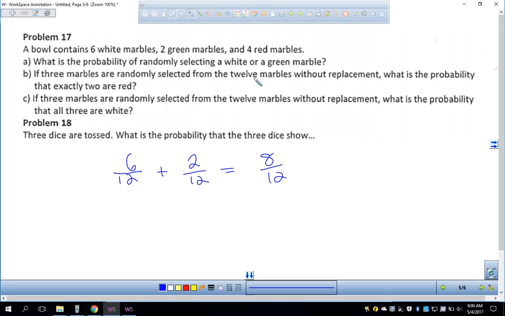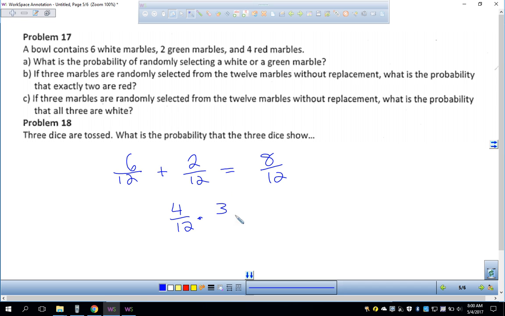If 3 marbles are selected from the 12 without replacement, what is the probability that exactly 2 are red? These are tricky. What's the probability of selecting a red marble on my first shot? 4 out of 12. On my second shot? 3 out of 11.